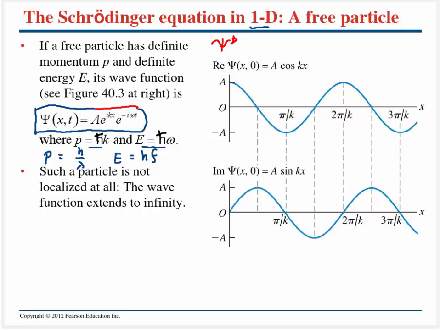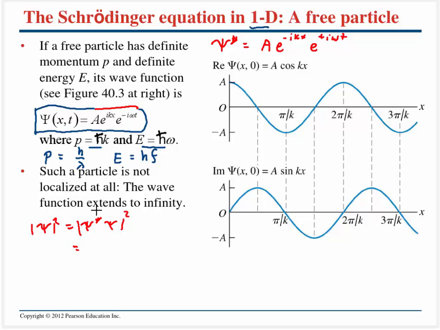So let's figure out what psi star ought to be for this. It's got to be equal to A e to the negative i kx, and then e to the plus i omega t. If we wanted to find the probability of finding this thing, then we can say this has got to be equal to psi star multiplied by psi. I forgot my squared right over here.